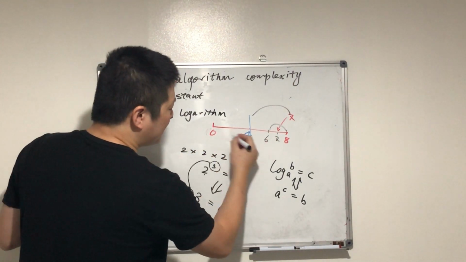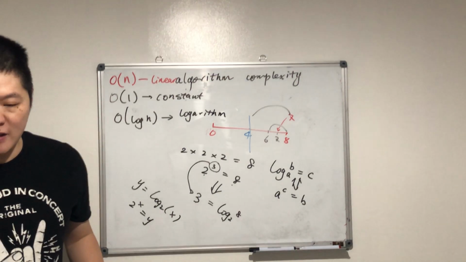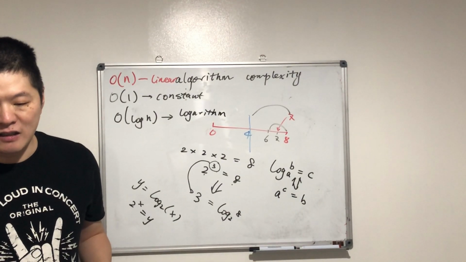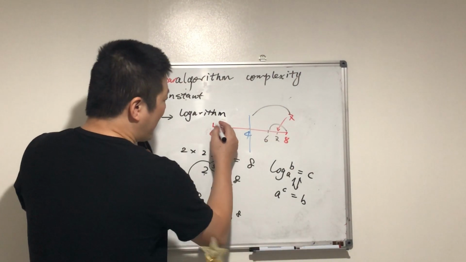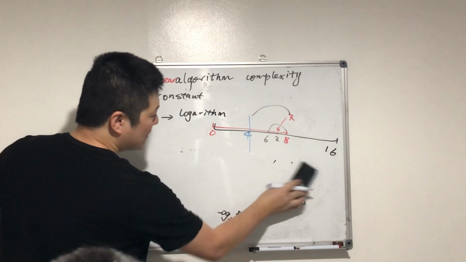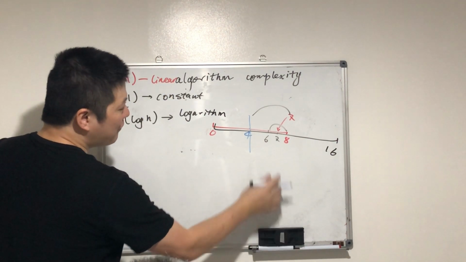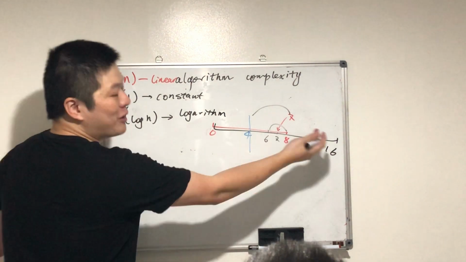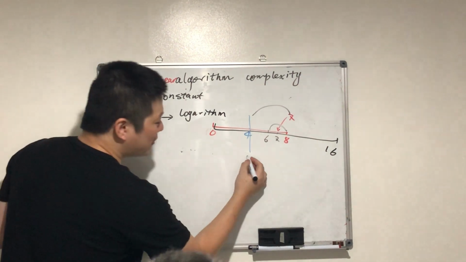If the size is 16, how many times does the computer need? Not 3, because 3 is for 8. For 16 it's 4, because it's one more step. What about 128?